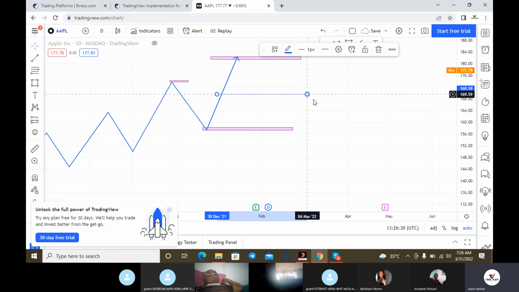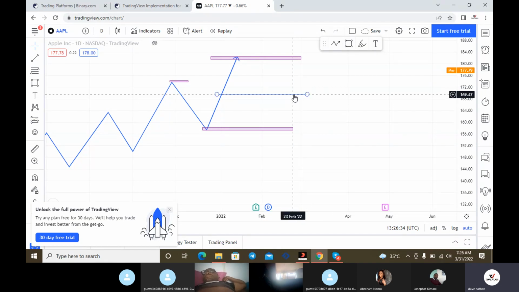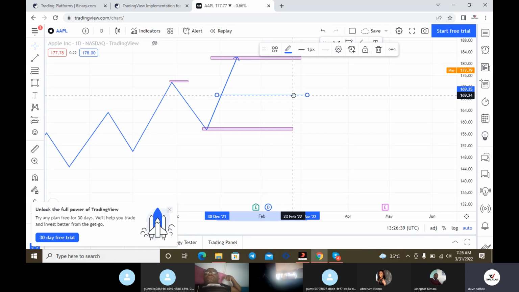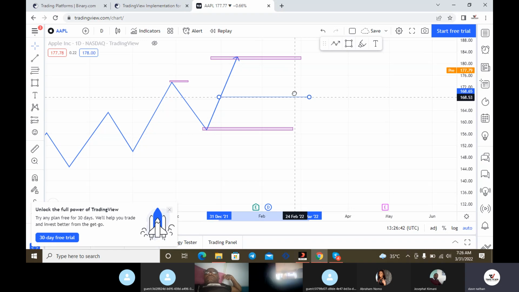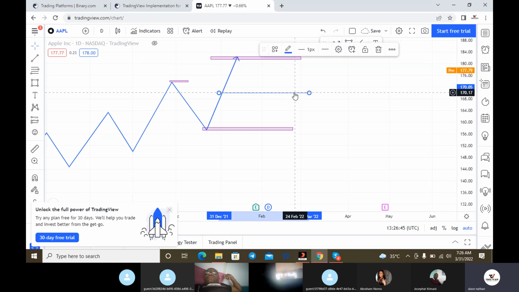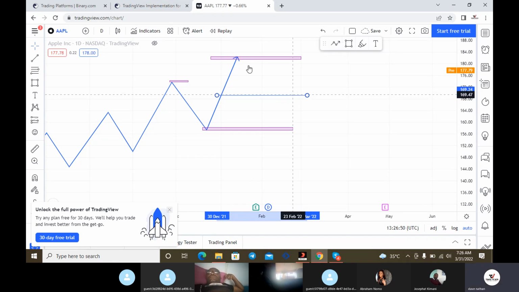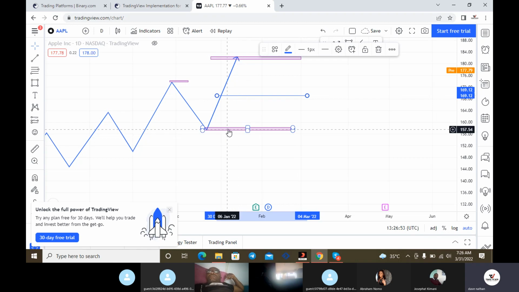I won't advise you to take a buy trade from here. Take a buy trade below the 50% line. In this case, the bearish candle is what we are going to be marking. This is our midpoint because price is at this point, and so this is our order block.